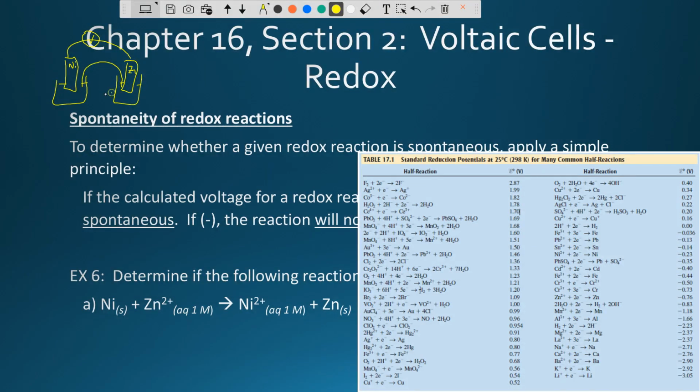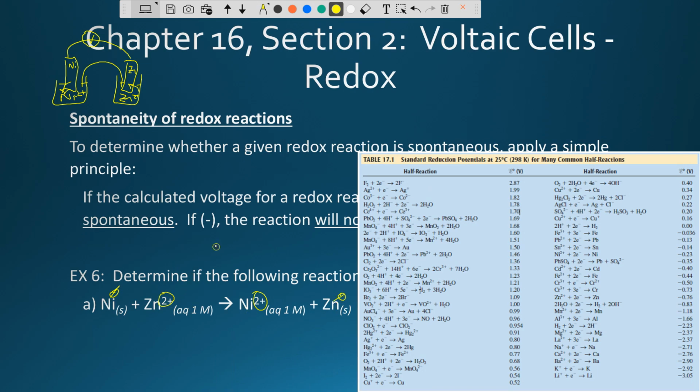If I do this type of reaction, I've got my salt bridge in there, and what we're going to be seeing is it looks like my nickel is going to become my 2 plus, and my zinc 2 plus is going to become my zinc metal. Let's take a look at this. This is a 0, this is a +2, this is a +2, this is a 0.